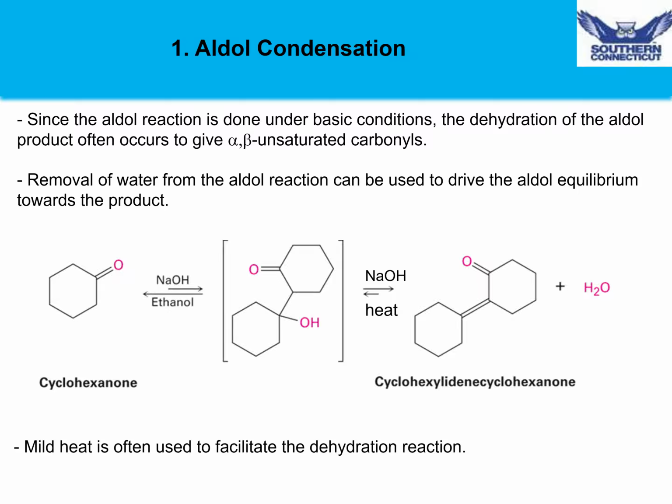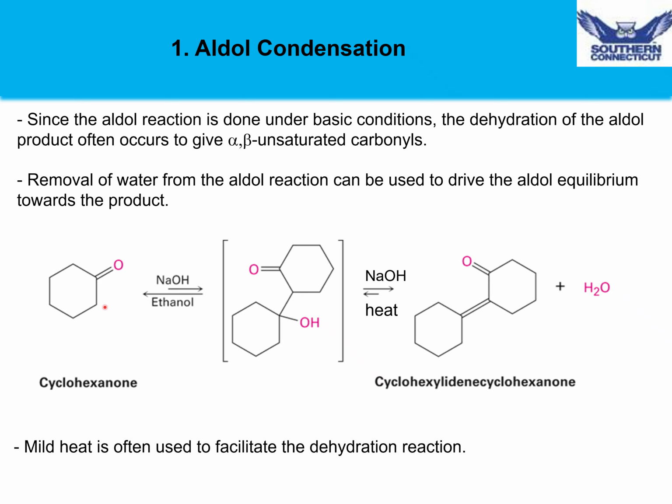Many times that product actually loses water to form an alpha beta unsaturated carbonyl. This is certainly true if we heat the reaction under basic conditions, as we see with this example.